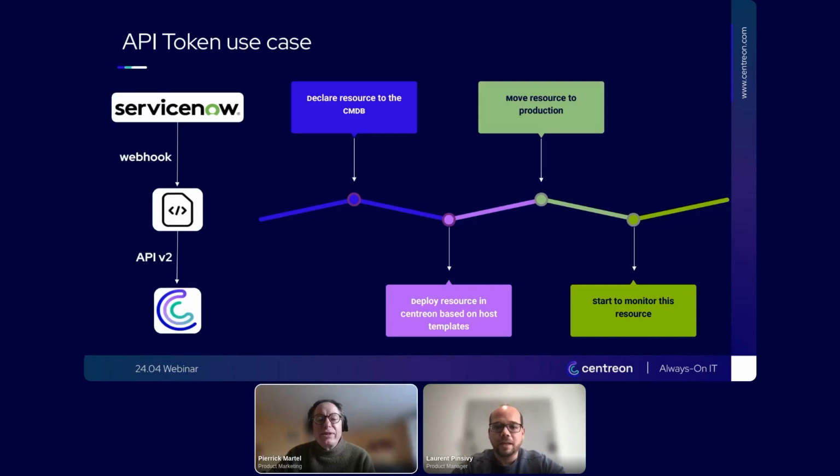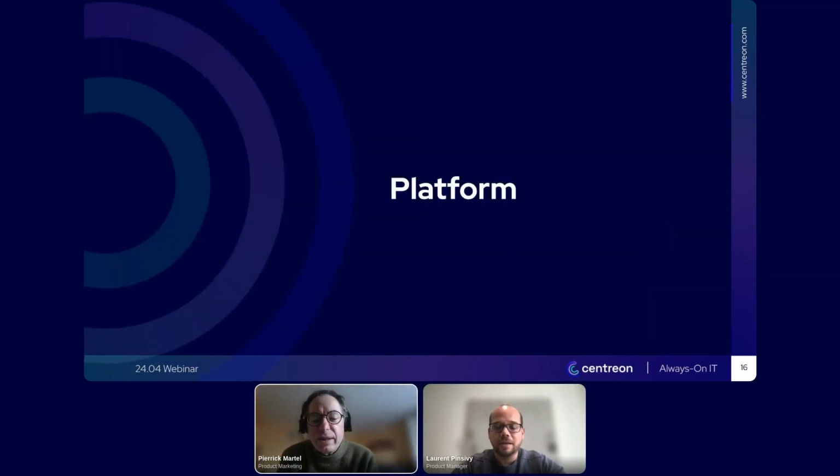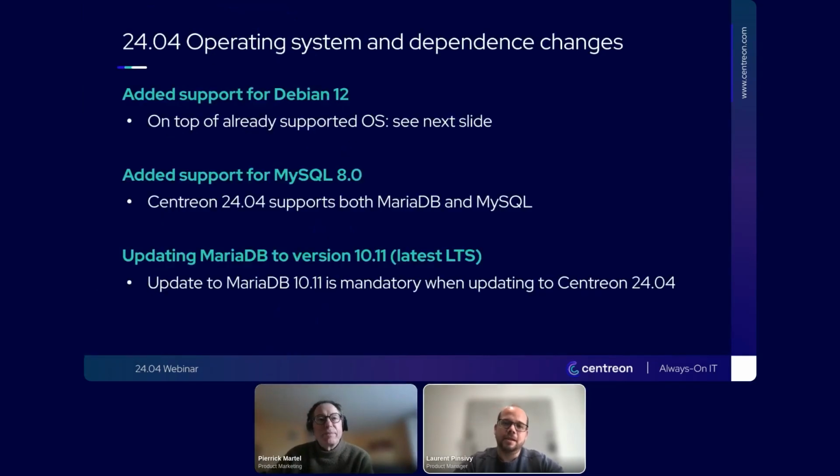Okay, let's now discuss the platform operating system and database versions. Yes, with the new major version of Centreon, there are some dependency changes. So now the 24.4 will support Debian 12 along with Debian 11, Enterprise Linux 8 and 9. This new version will also support MySQL 8 with, of course, MariaDB.